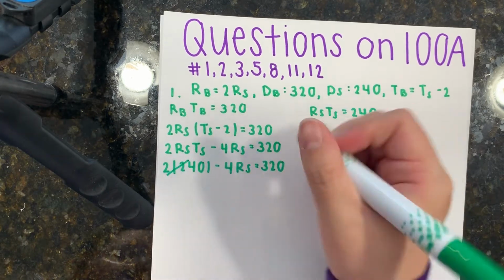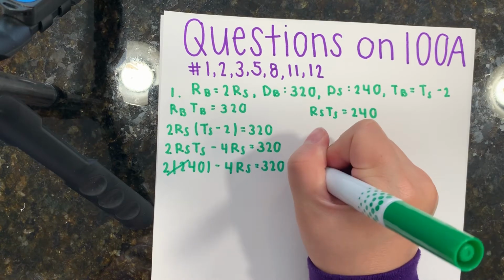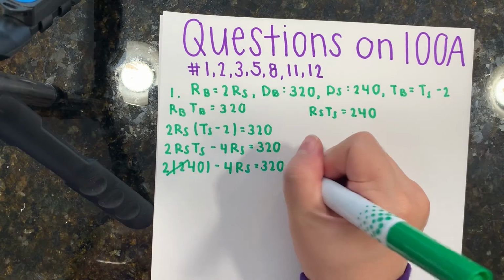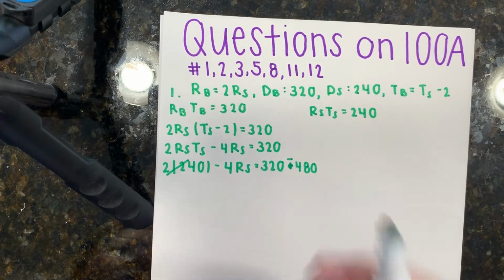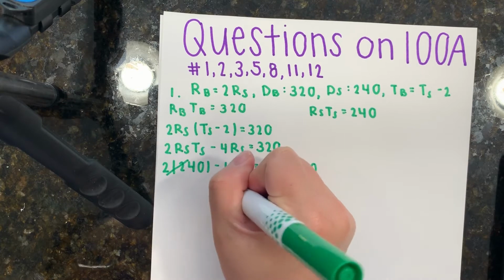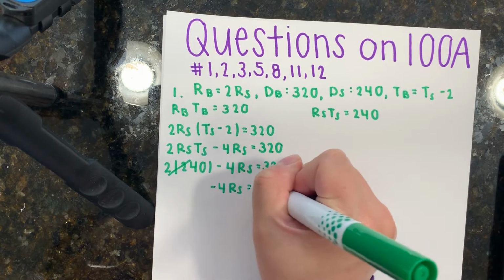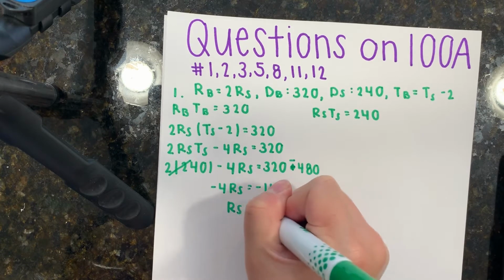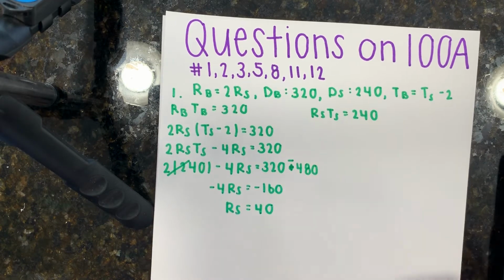So I'm going to add 480 to this side. Wait, no, I'm going to subtract because that's opposite. So that would be 320 minus 480, which is negative 160. So I have negative 4 RS equals negative 160, which means that RS is going to be equal to 40.